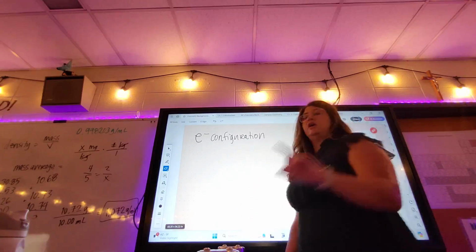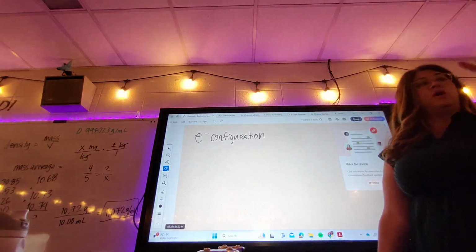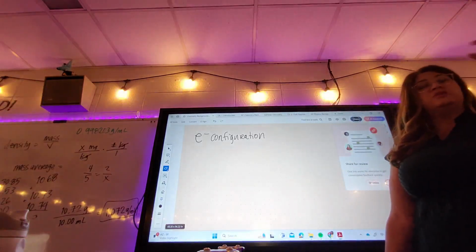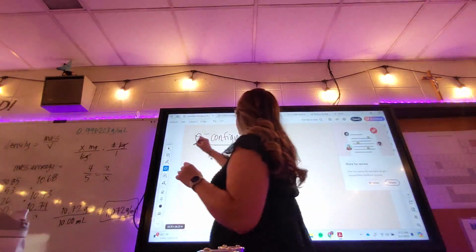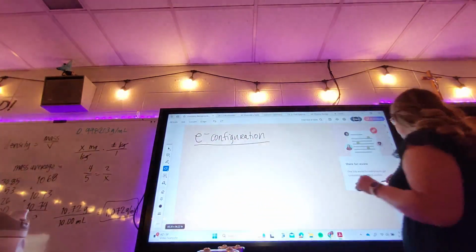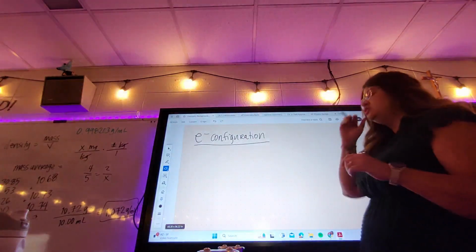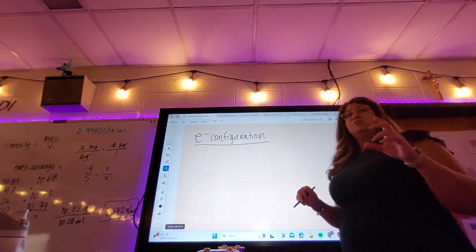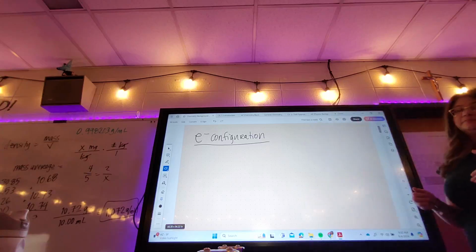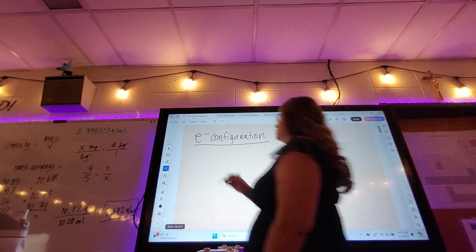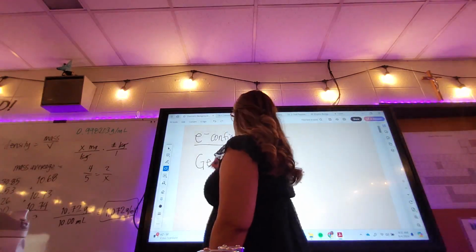All right, so I want you to take a look in your notes at what you have written for electron configurations, because in order to do some of your homework problems, you need to know how to write electron configurations for that F block that's in the bottom. So before we do that, let's do an example of something that's easier. I'm going to choose germanium.